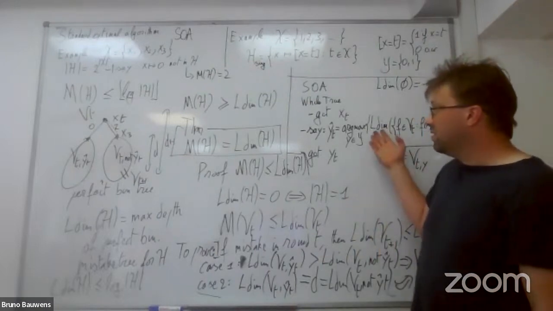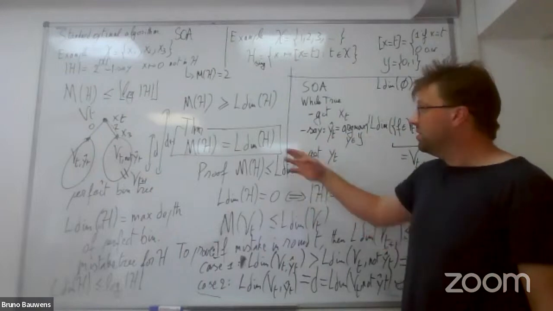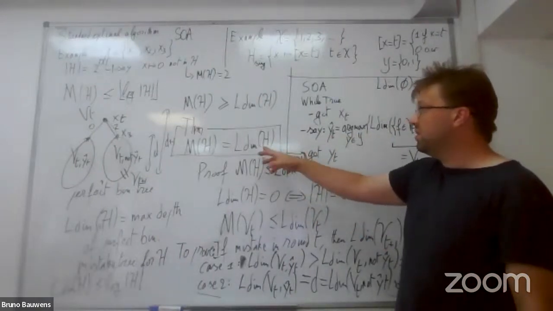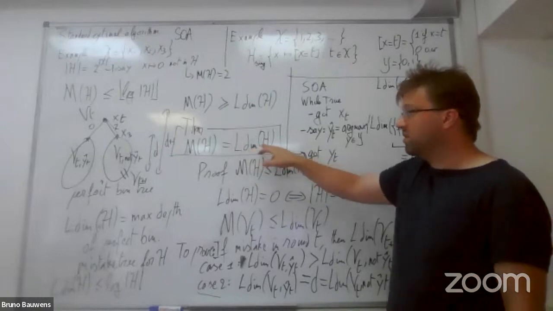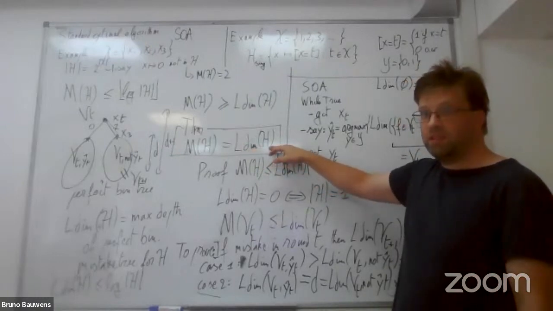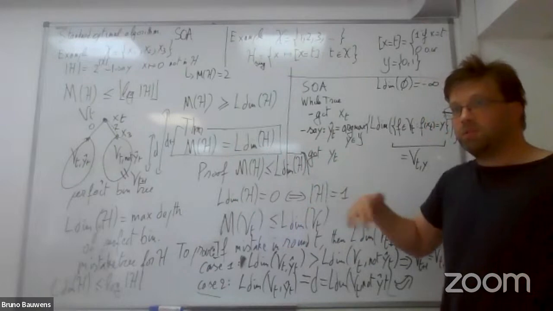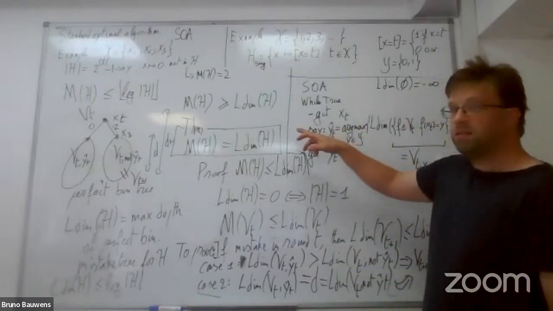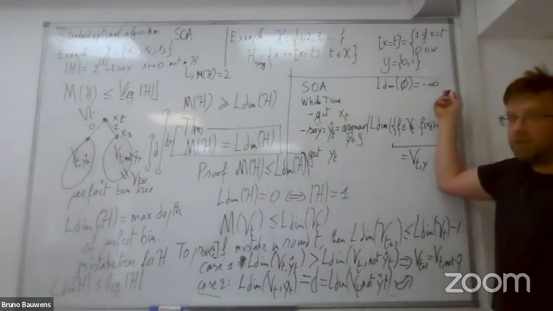Initially, the Littlestone dimension of the version space is equal to that of H, all the functions. And at each mistake, it decreases by 1. And the smallest it can get is 0. It will never go to minus infinity.